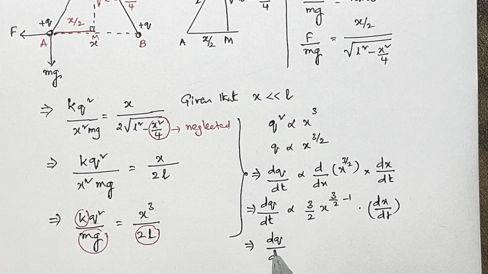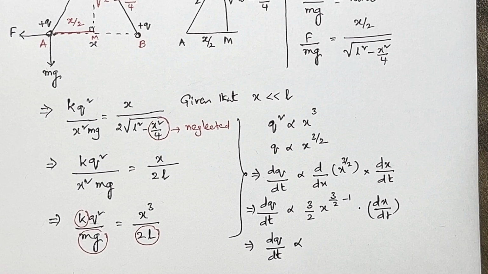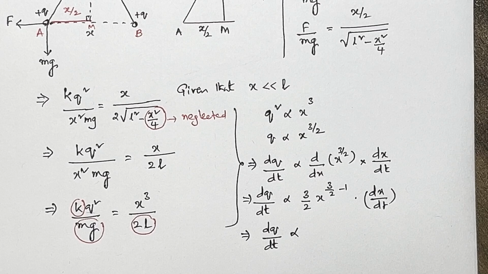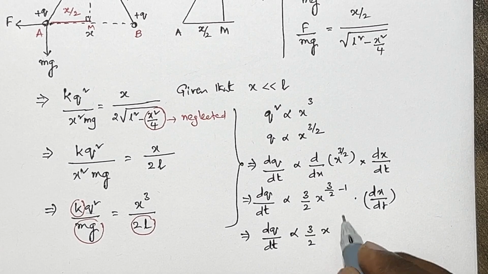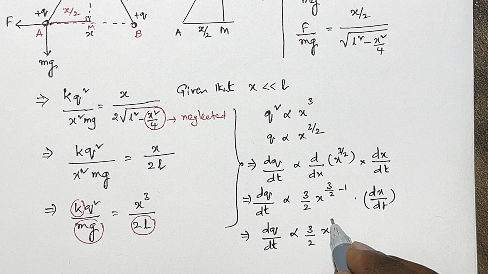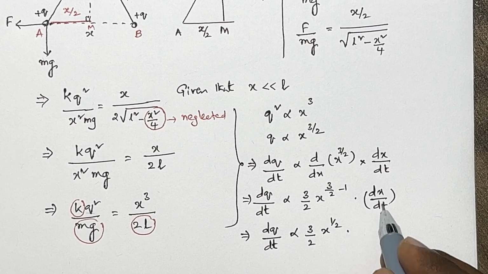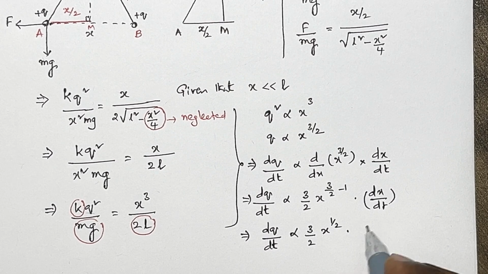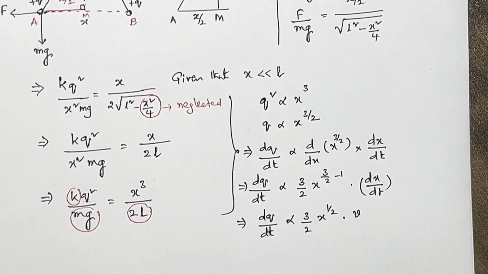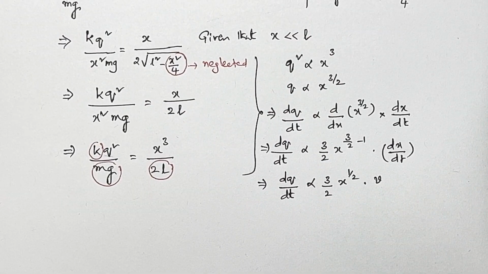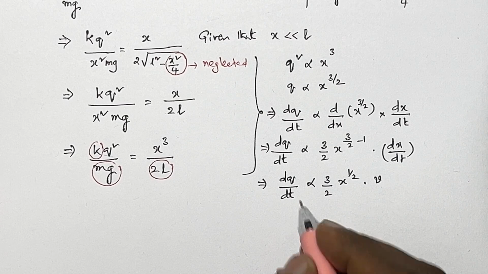dq by dt is proportional to 3 by 2 x power 3 by 2 minus 1, which is 1 by 2, into dx by dt. Displacement by time is equal to velocity. Once again, eliminate all the constants. What are the constants?